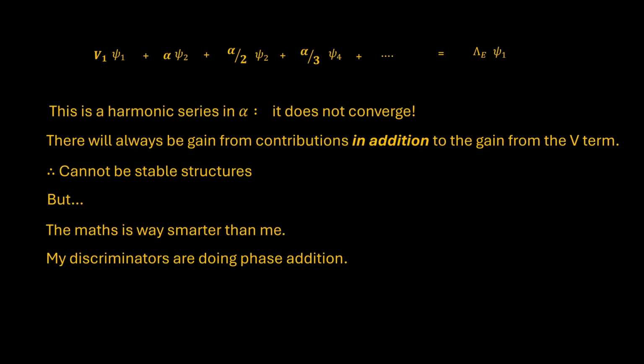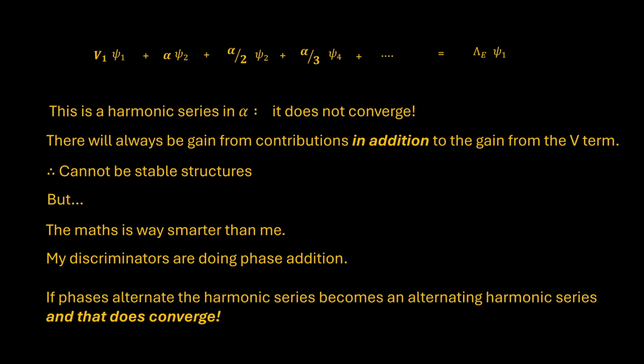Remember, my discriminators are doing phase addition in the complex plane. Two vectors with the same magnitude and opposite phase cancel each other out. If phases are alternating, this is equivalent to them having positive and negative signs in the summation.